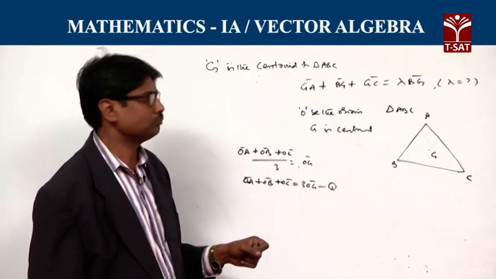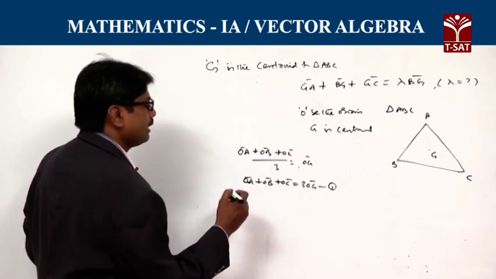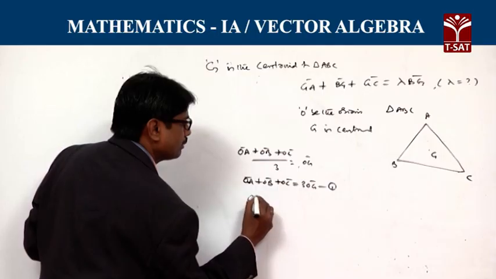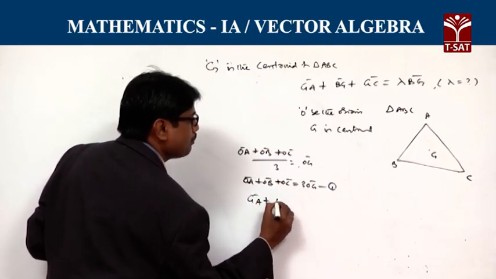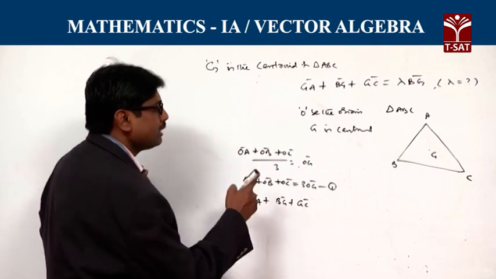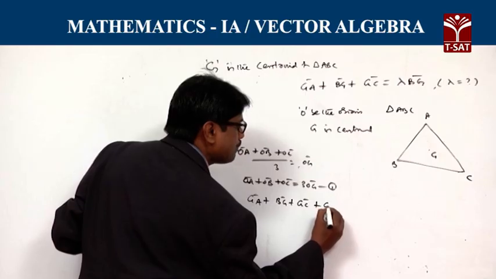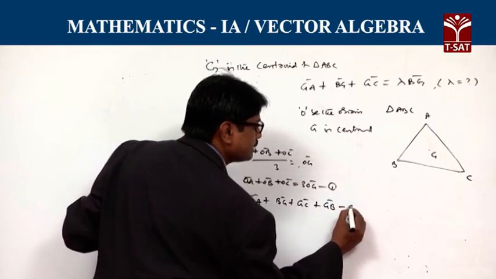Find out the lambda value. So, G is the centroid we define. Now, take the left hand side, GA bar plus BG bar plus GC bar. In order to express this, add GB bar and subtract GB bar.